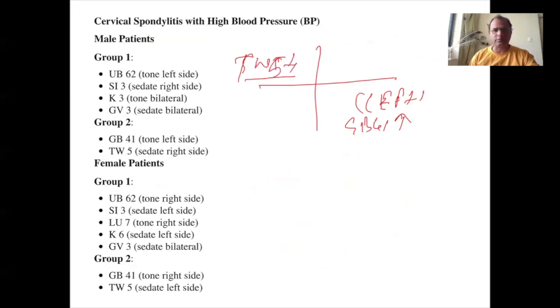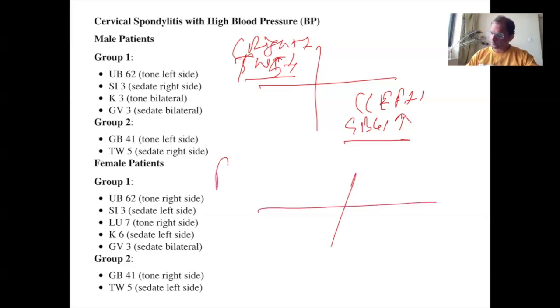As soon as we do the triple burner 5 sedation, we will see quick result. So gallbladder 41 tone on the left, triple burner 5 sedation on the right. This is for the male, and for the female, right side is the dominant side. So gallbladder 41 tone and triple burner 5 sedate, right and left.